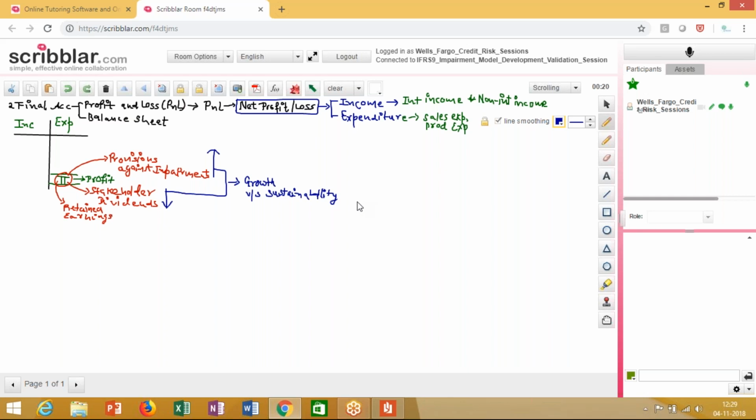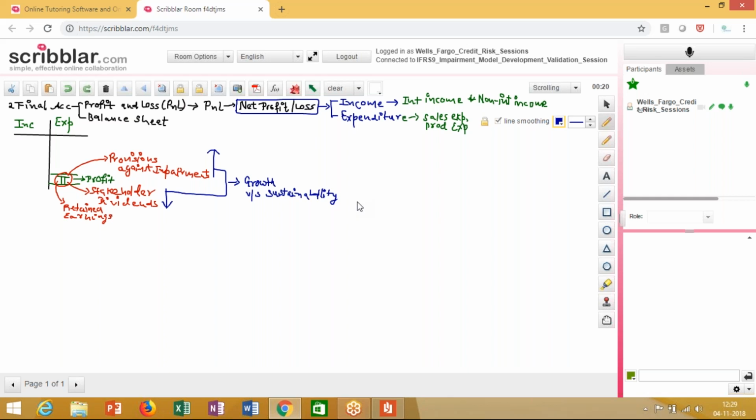If the bank undermines the provisions, let's say they keep lower provisions and give greater dividends to shareholders, the shareholders would be happy and willing to invest more back into the bank.